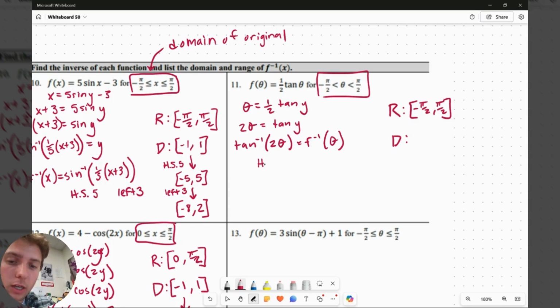There is a horizontal stretch of 2. If I stretch infinity by 2 or -infinity by 2, it doesn't change the fact it's infinity. It still is covering all real numbers. The domain in this case, just like it was for tan inverse, is still all real numbers.